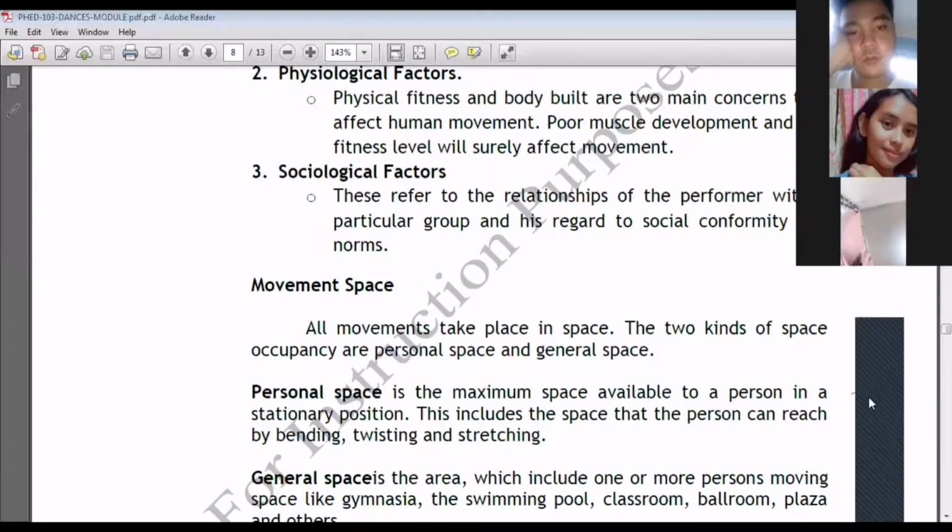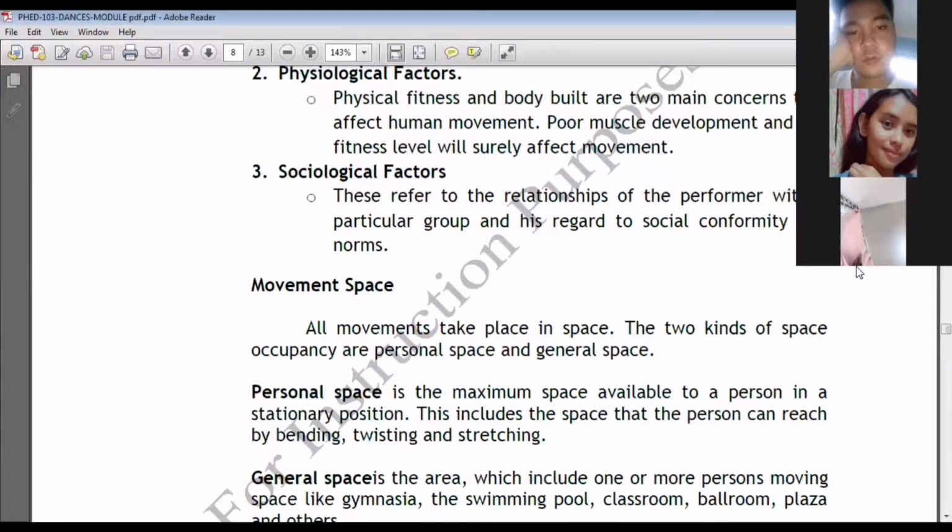Same as sa dancing po, pag may disability or hindi kaya ng physical capabilities ng isang tao yung pinapa-perform, kahit anong gawin po, hindi po niya magagawa yan. Yeah, okay. Although now there are Paralympics that include activities for people who have disabilities like that.